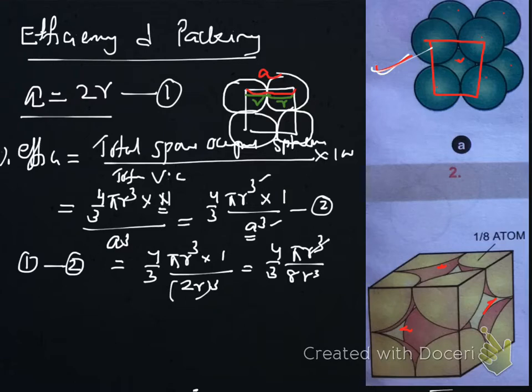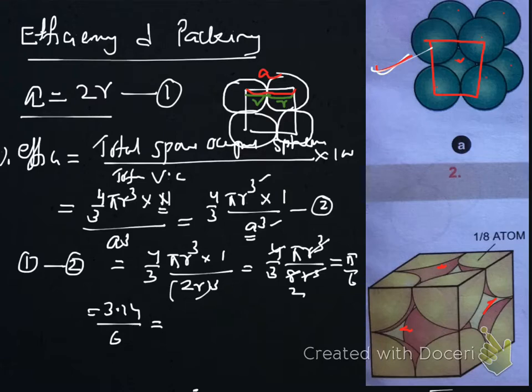Then r cube will be cancelled. For this cancellation we are writing edge length in terms of radius. Then 4 and 8 cancel to 2, then 3 into 2 is 6. Then it becomes pi by 6. That is the efficiency. 3.14 divided by 6. 3 by 6 is 50%.